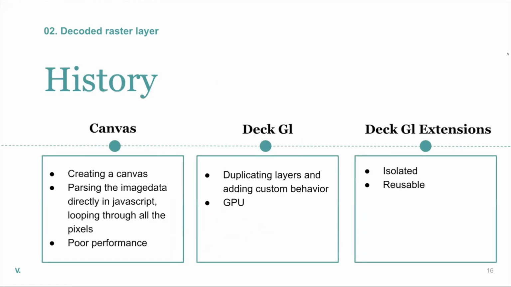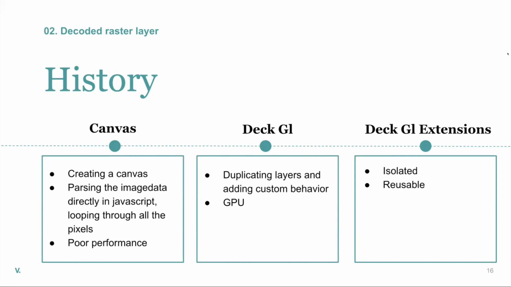We have been working on this layer for many years. We started working in Canvas, reading the image data and creating a really big loop through all the pixels of that image. You can imagine that our maps were really poor performant. As soon as you tried to move, zoom in, zoom out, it was a pain.